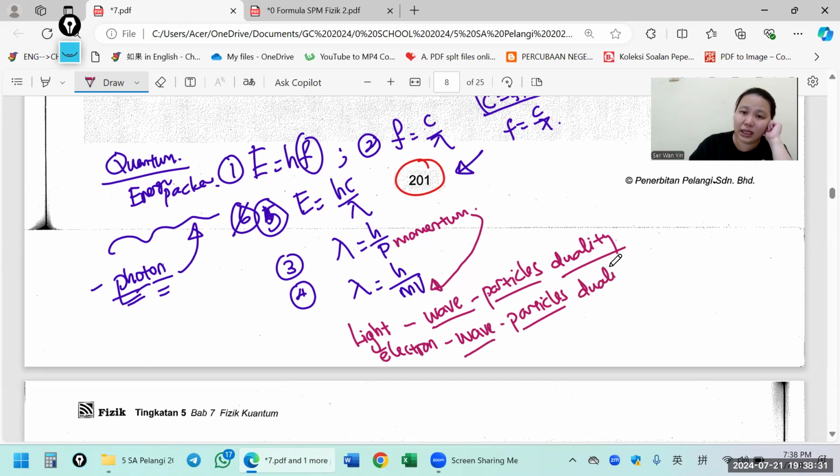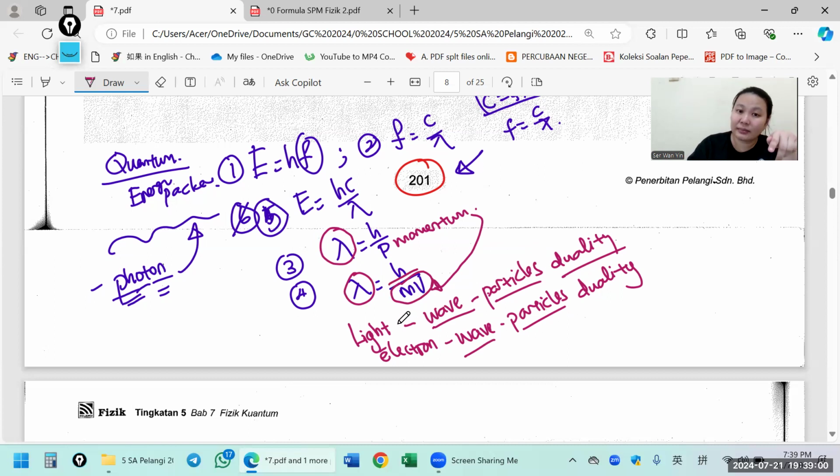So he said everything could have wave-particle duality. Okay, not human, human is too big. So it's in the micro world. We are in the macro world, right? So that's why you can have wave, lambda, wavelength, and you can also say it has mass.